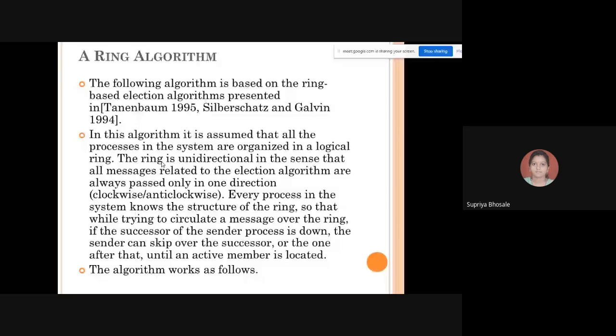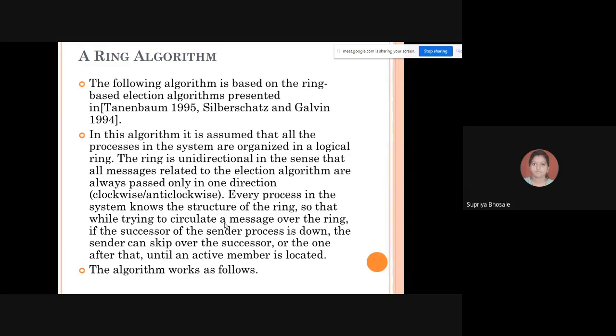The ring is unidirectional in the sense that all messages related to the election algorithm are always passed only in one direction, either clockwise or anti-clockwise.